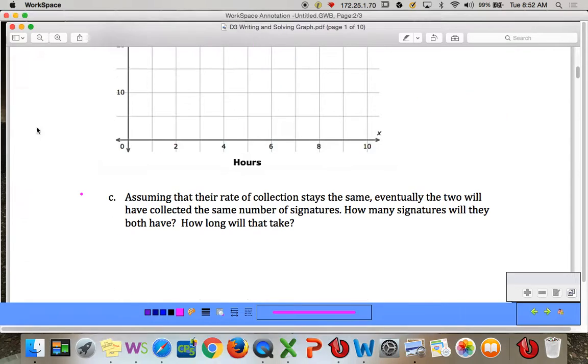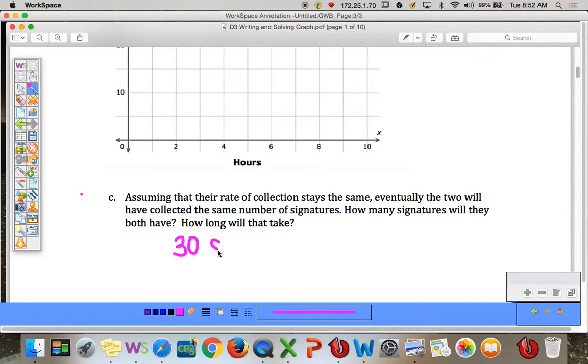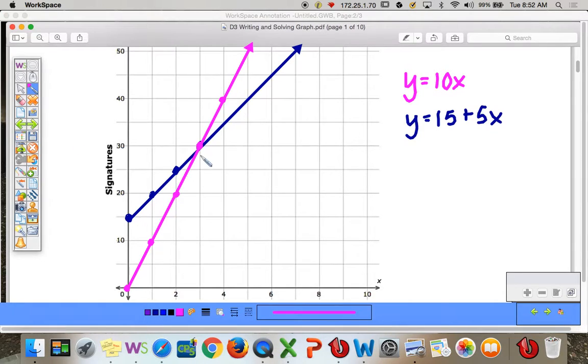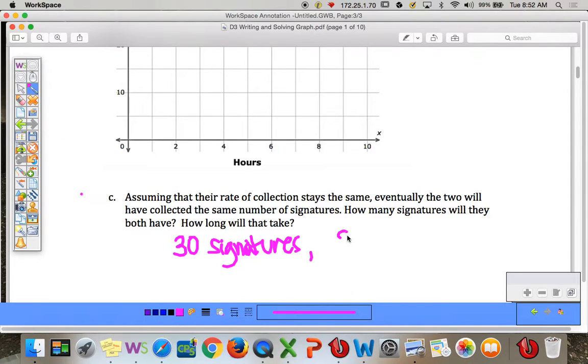They have 30 signatures. And how long did that take? Well, that's hours. So if we go down, so here's the number of signatures. How long did that take? It took them 3 hours to gather the same amount of signatures.